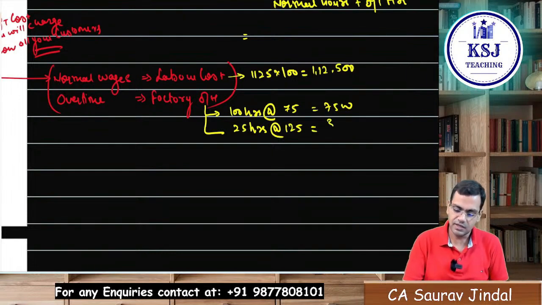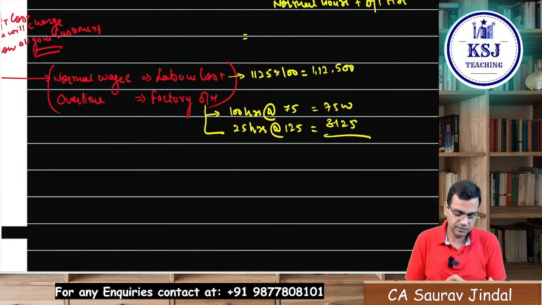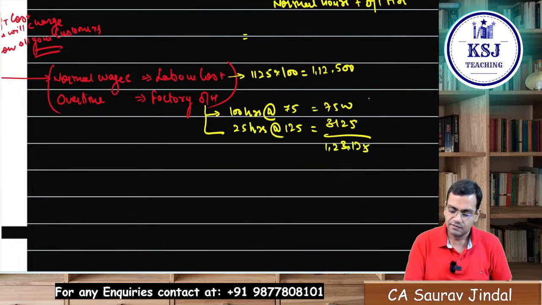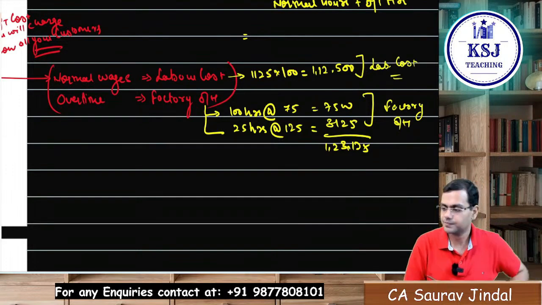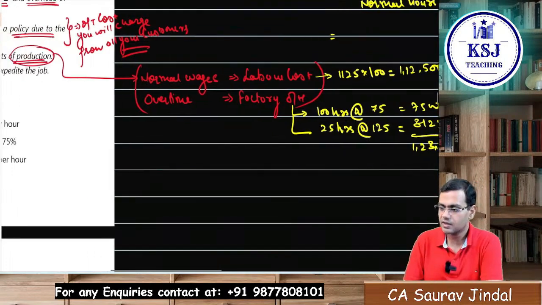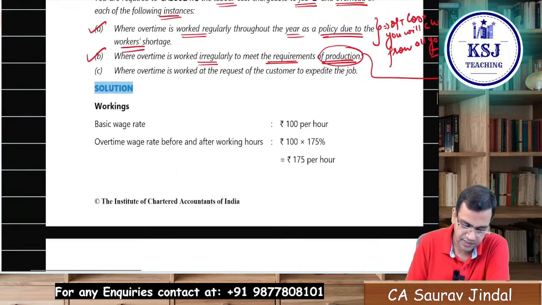That will be 3125. So this will be the total wages, 123, 125. This will be your factory overheads, and this is your labor cost. Great. Well done guys, well done.